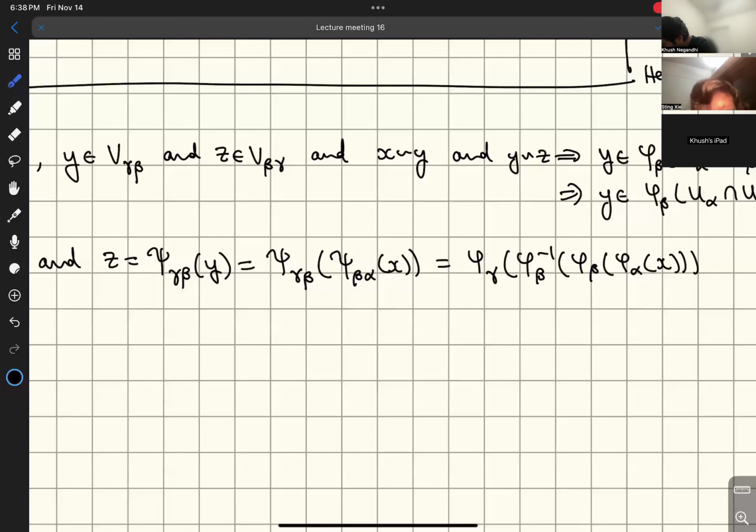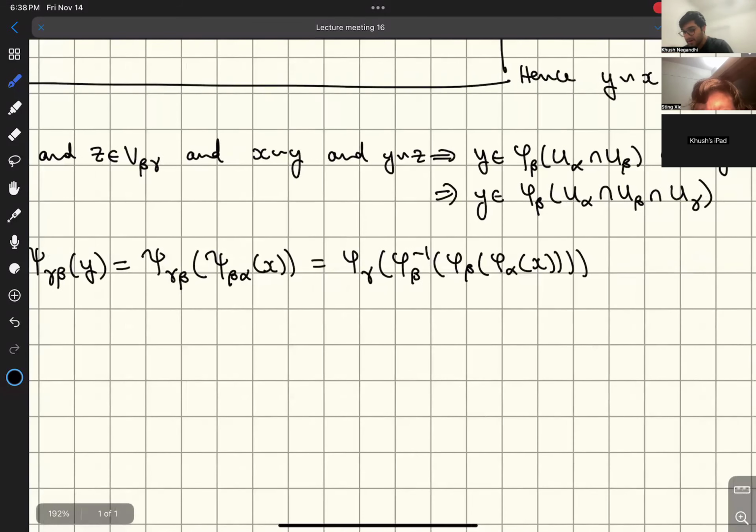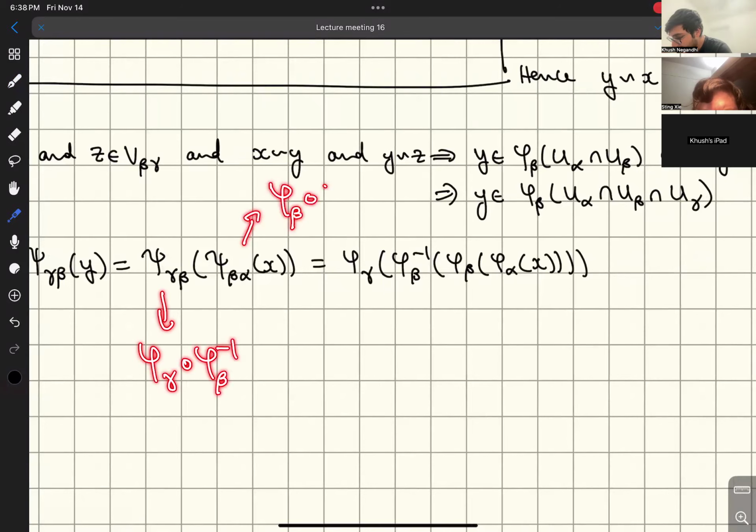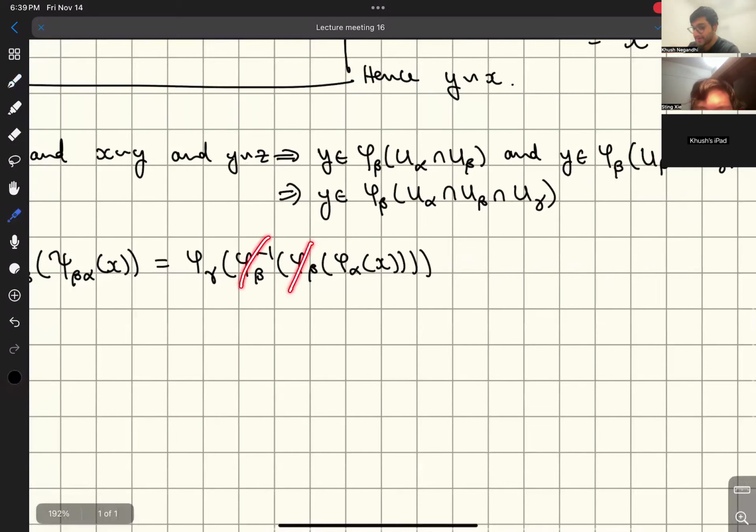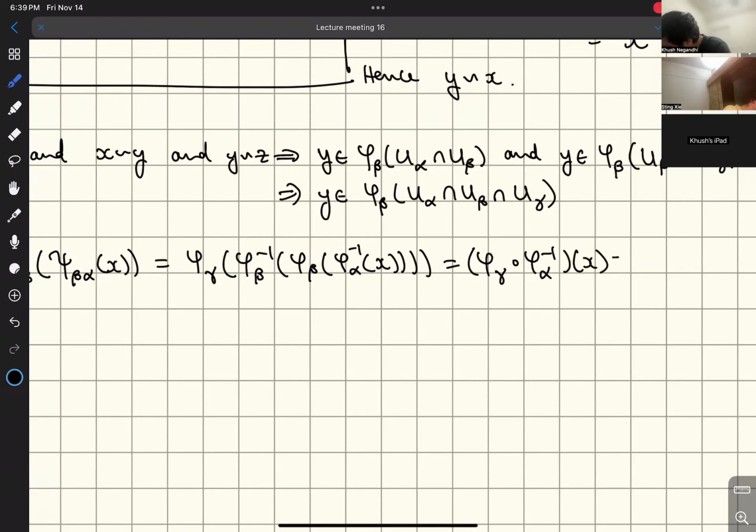And again, there's like 400 brackets. All I've done is expand this, because this is phi gamma phi beta inverse, and this is phi beta phi alpha inverse. Are you okay with this? Okay. Now this phi beta inverse cancels out, and all you're left with is phi gamma composed with phi alpha inverse of x, but this is nothing but psi gamma alpha of x.